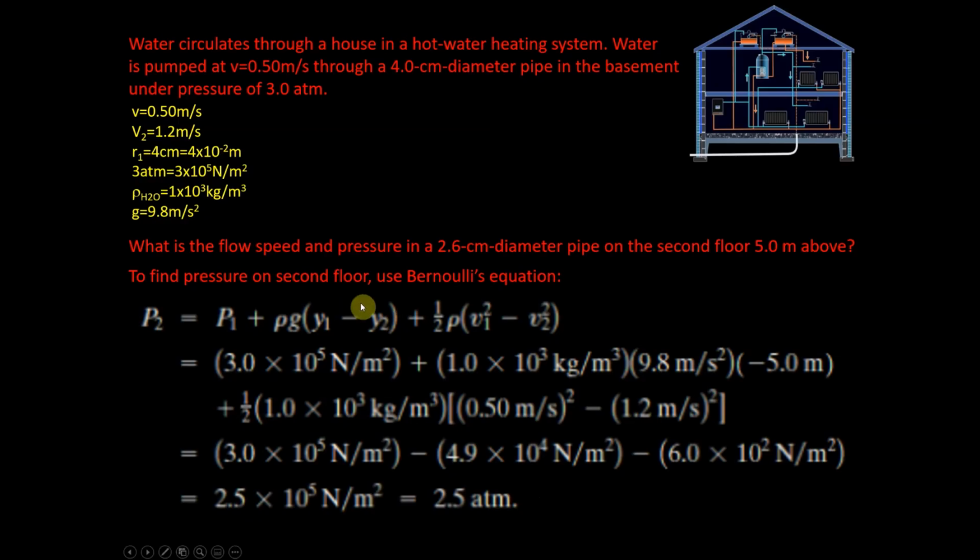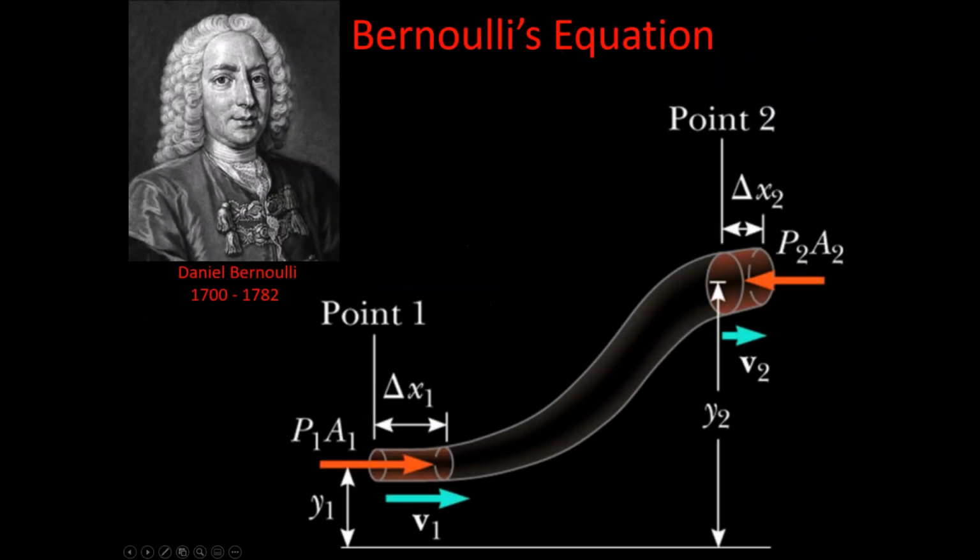Now, this equation, unfairly introduced before we actually talked about it, is Bernoulli's equation. So here's Daniel Bernoulli, who lived from 1700 to 1782, so he lasted quite a while through periods of the Black Death and various other things.